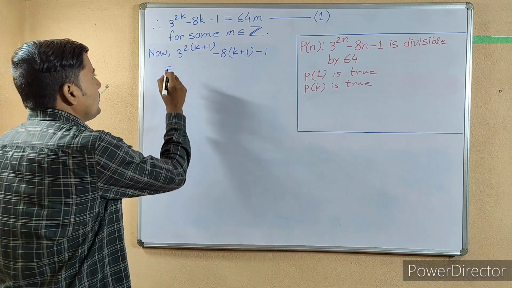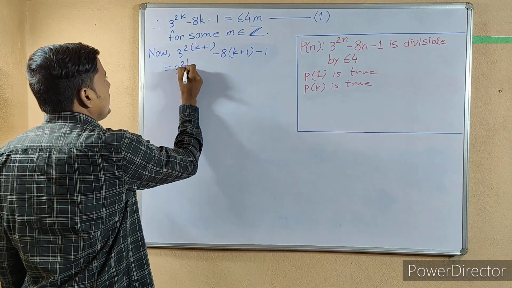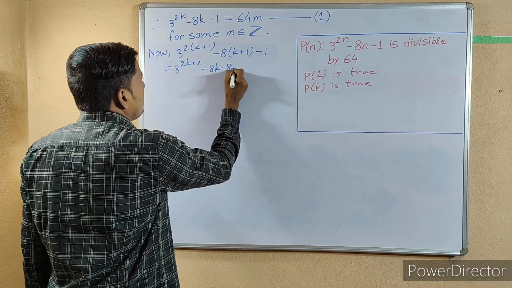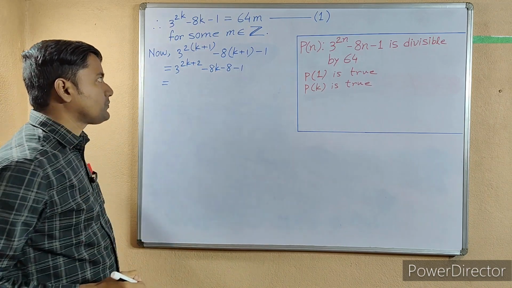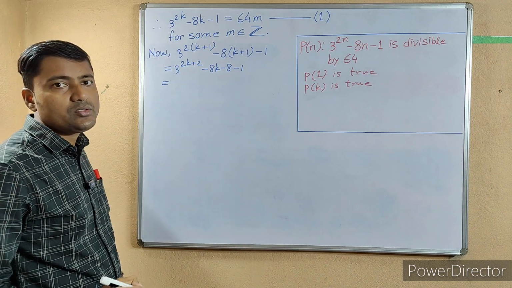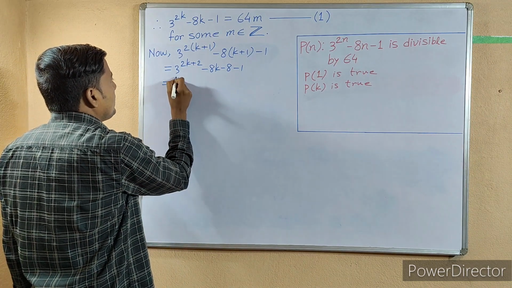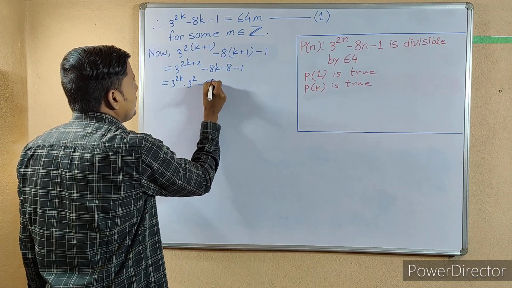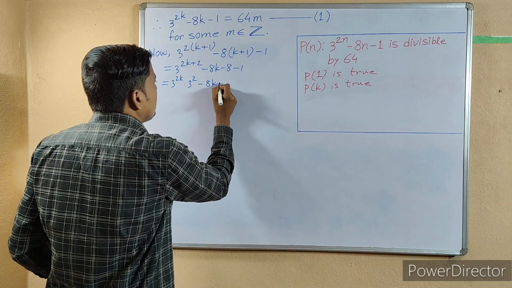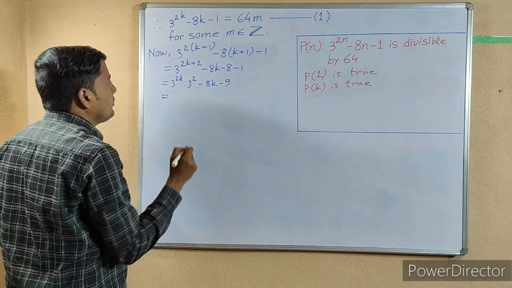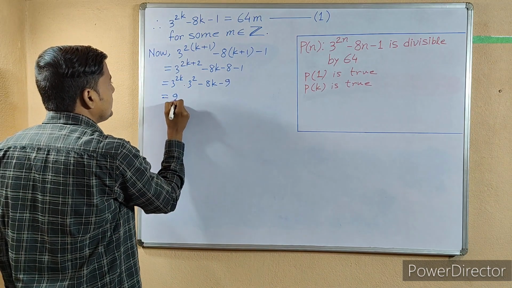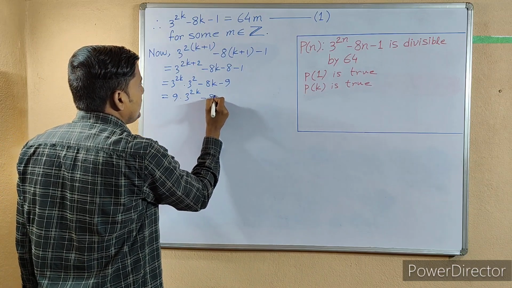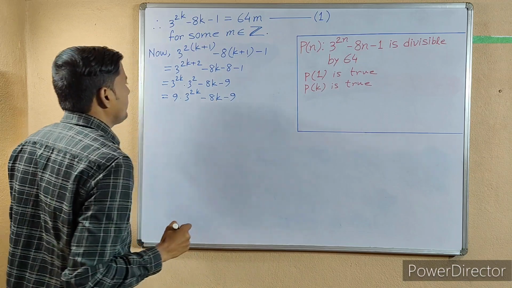Now this is equal to 3 to the power 2k plus 2 minus 8k minus 8 minus 1, which is 3 to the power 2k into 3 square minus 8k minus 8 minus 1, becomes minus 9. 3 square becomes 9, so 9 into 3 to the power 2k minus 8k minus 9.